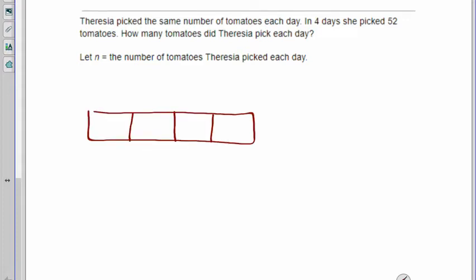Each day of 4 days, we picked n tomatoes. The total amount over those days was 52. So there we go. See if you can write a multiplication equation that would relate n to 52. Go ahead and do that and then solve it. Look at my example above for help, and we'll talk about it in class.